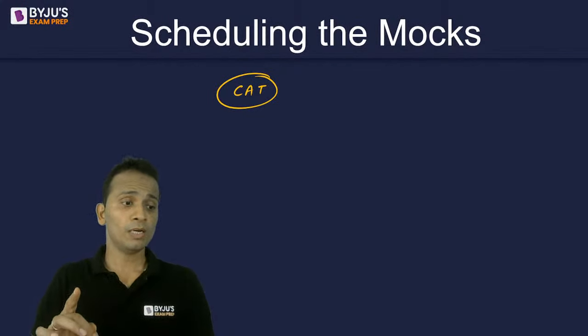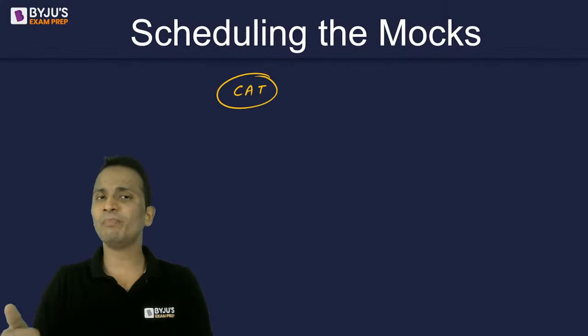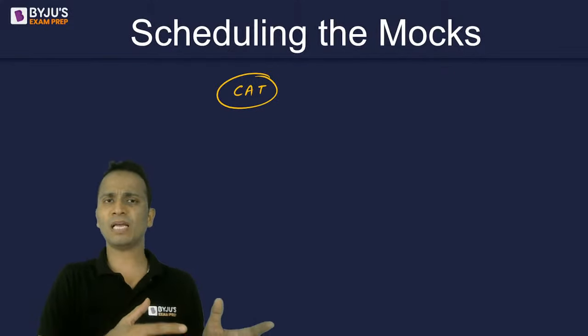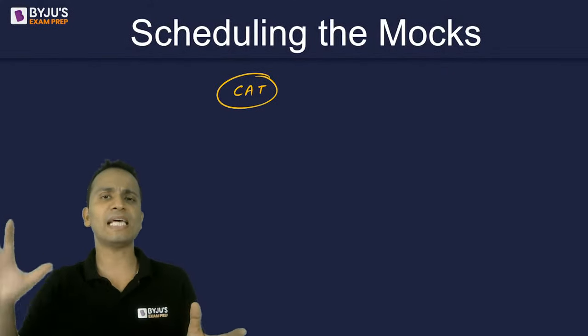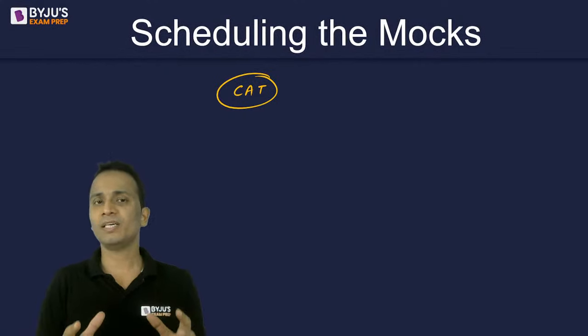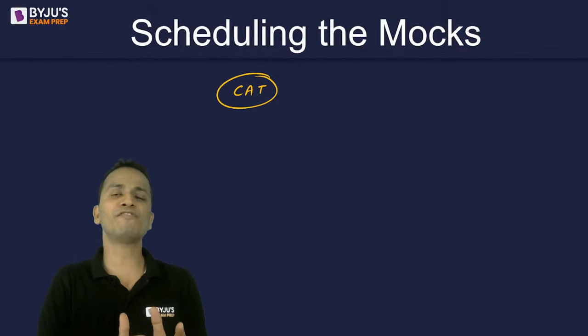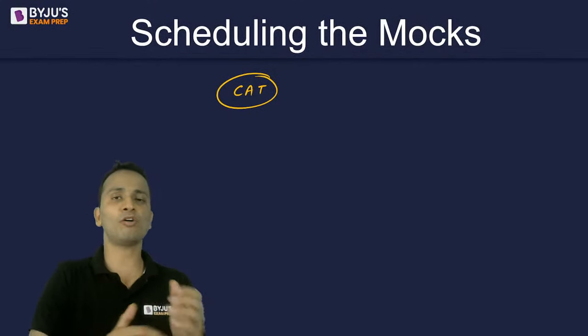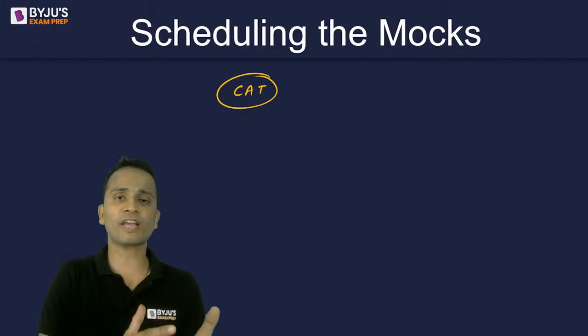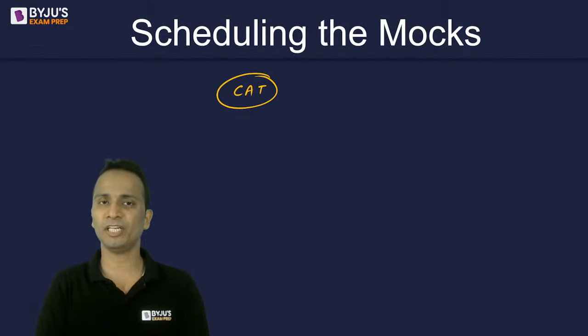Also, if I talk about the syllabus of the CAT examination and compare it with the other examinations, then yes, there is some difference between the syllabus of different sections of CAT and other examinations.